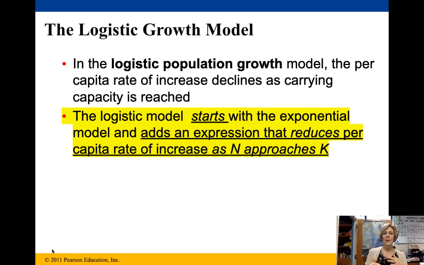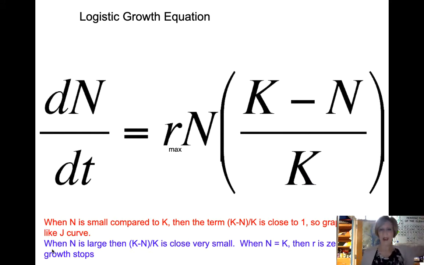So I want to look a little bit now at the mathematical model, the mathematical expression for logistic population growth. And I want you to notice that it starts with the same exponential equation and then adds an algebraic expression that reduces the rate as N, the population, approaches K. All right?